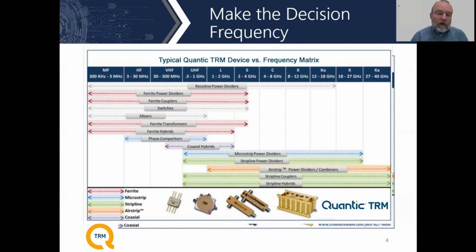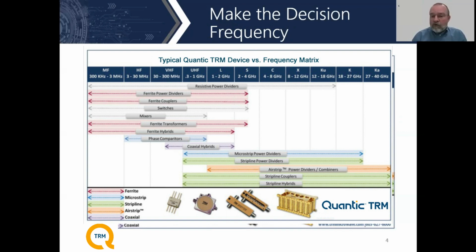If, for example, the frequency range is in the kilohertz region or 2 or 3 megahertz, that's going to eliminate stripline or any sort of distributed elements, just because of the physical size of the part. These things are all based on quarter wavelengths of lines, and at that frequency, a quarter wave is many meters long. So the packaging for those sorts of devices just becomes very impractical.